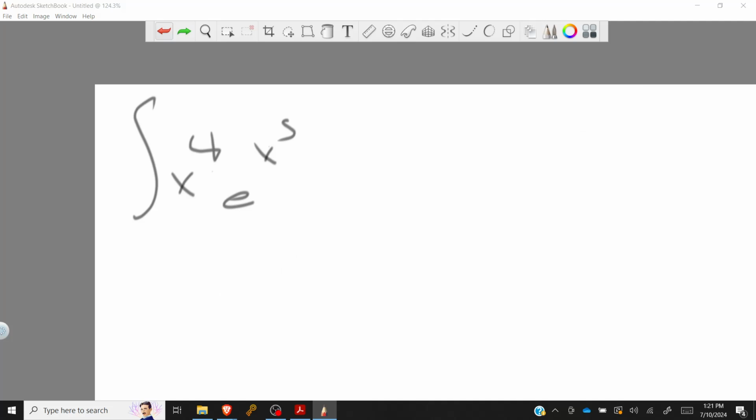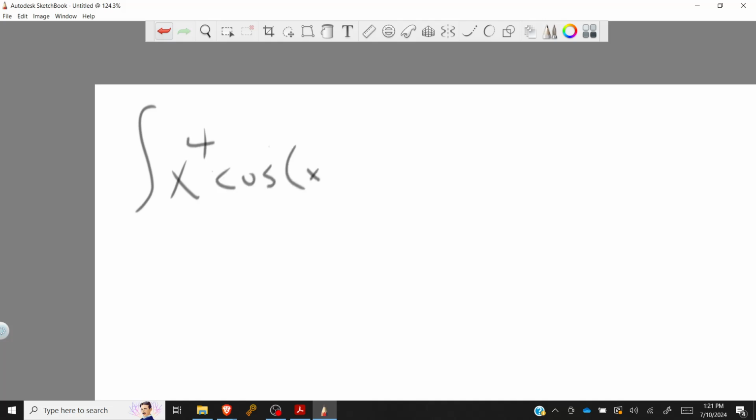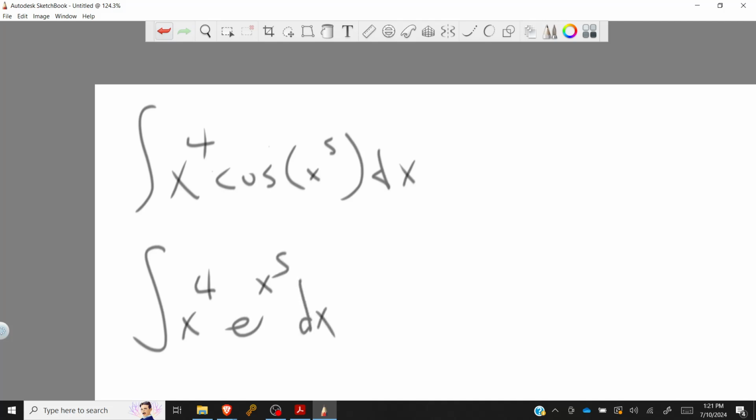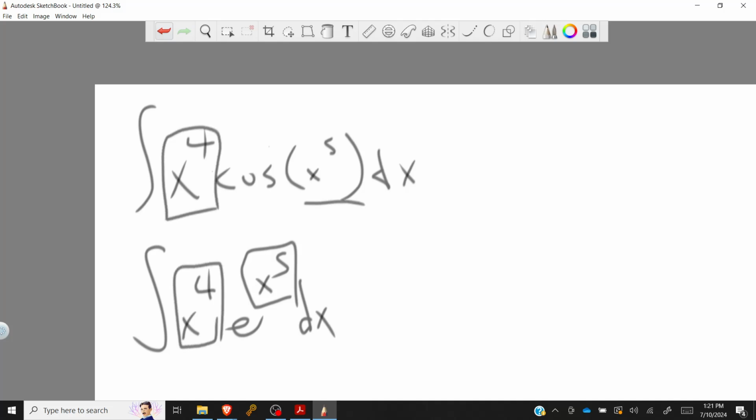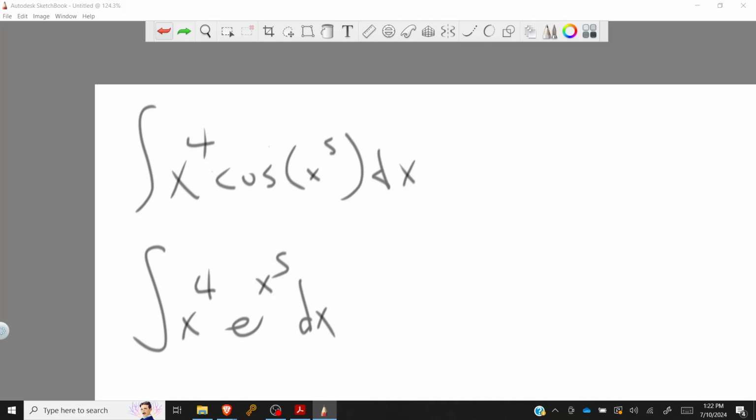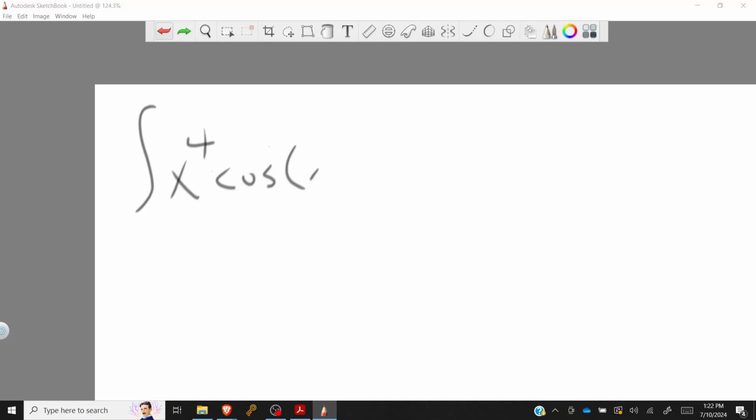So that's kind of my general approach: if you're running into a wall right away, then it's probably not going to go over well. The next example is this. You can see how similar it is to the other one, where if you recognize the parts that are being used, then you can do an easy u substitution.